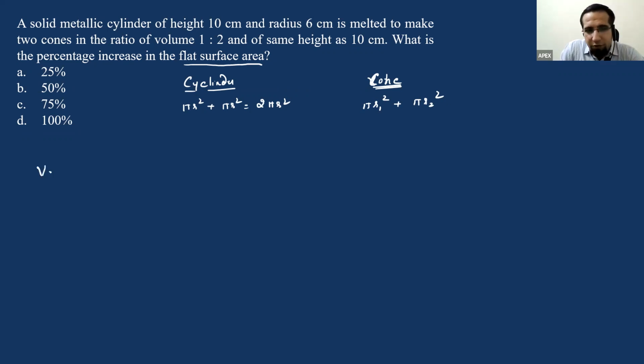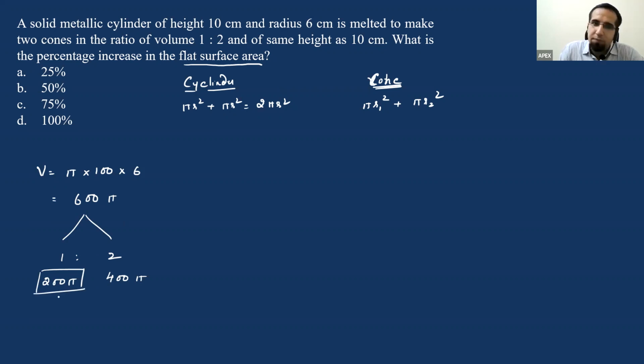So I'm given the height and the radius of the cylinder. The volume of the cylinder is going to be pi into r square into h, which is going to be how much, guys? 600 pi. Clear? Now, this is divided in the ratio of 1:2. That means 400 will be the second cone's volume and 200 pi will be the first cone's volume. Clear?